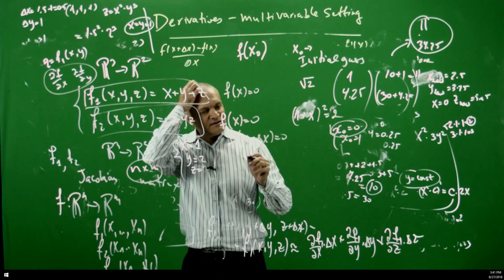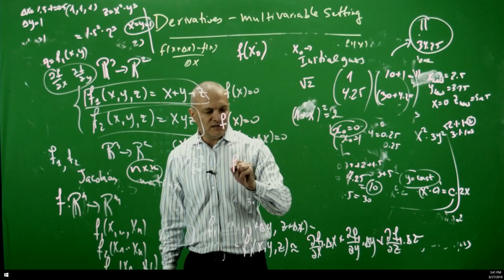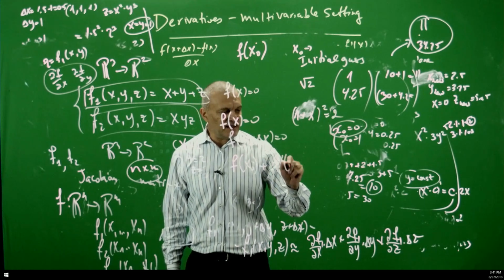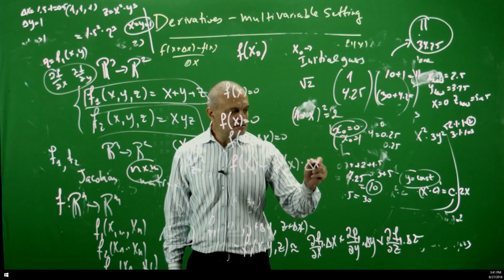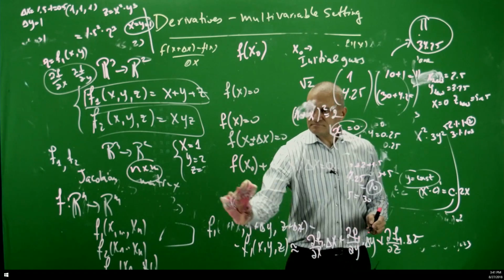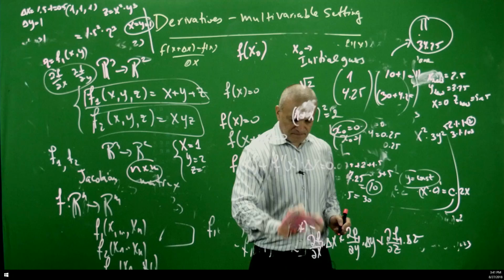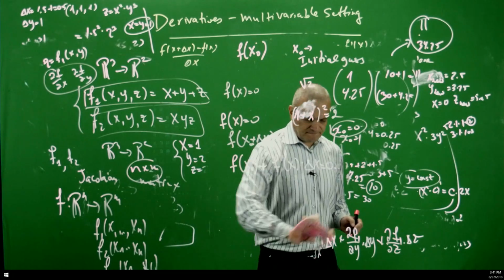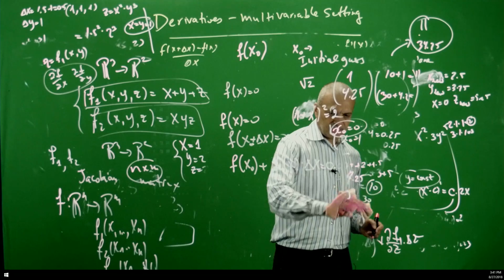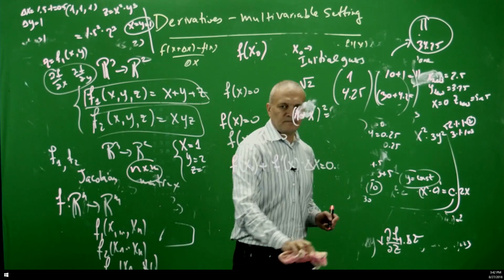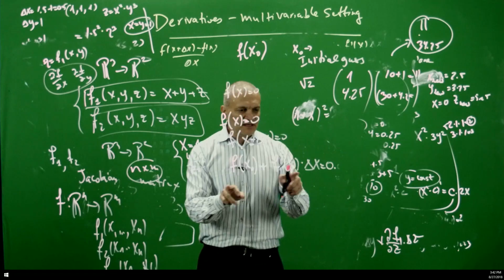And then we are going to use our formula: f of x0 plus f prime of x0 times delta x, which is going to be 0.